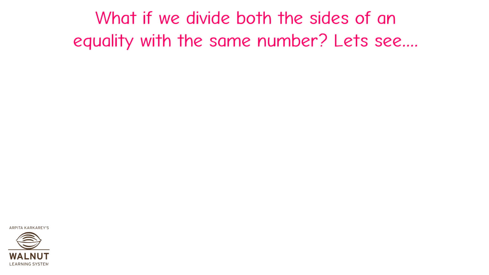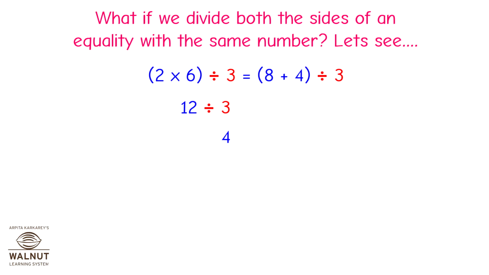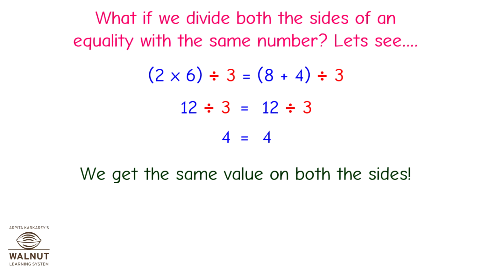What if we divide both the sides of an equality with the same number? Let's see. 2 multiplied by 6 divided by 3 is equal to 8 plus 4 divided by 3. 12 divided by 3, 4, is equal to 12 divided by 3, which is equal to 4. We get the same value on both the sides.